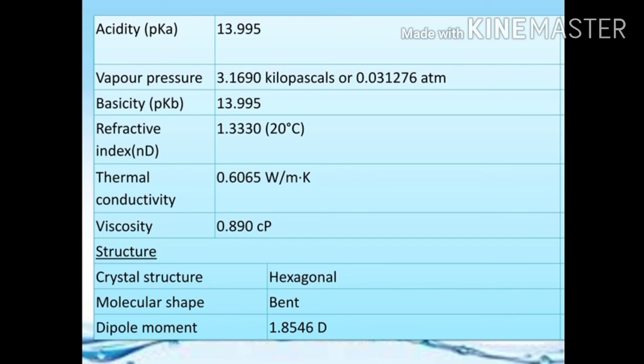Basicity: pKb value 13.995. Refractive index value 1.3330 at 20 degrees Celsius. Thermal conductivity value 0.6065. Viscosity value 0.890. Crystal structure hexagonal in nature. Molecular shape bent. Dipole moment value 1.8546 D.